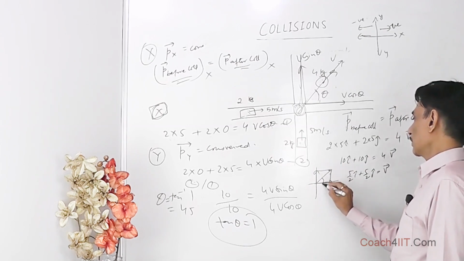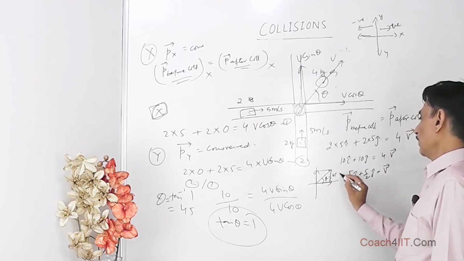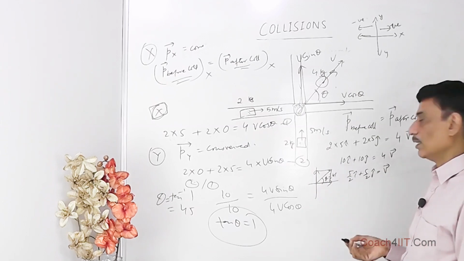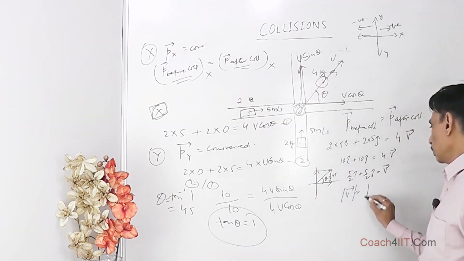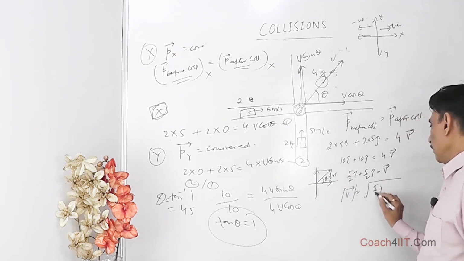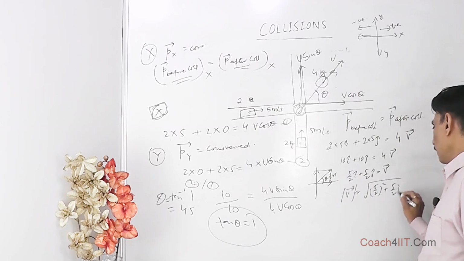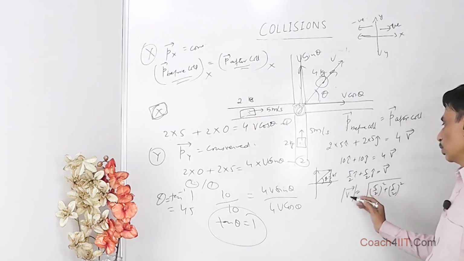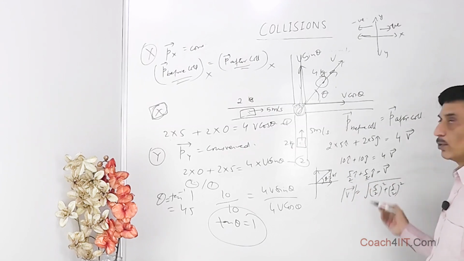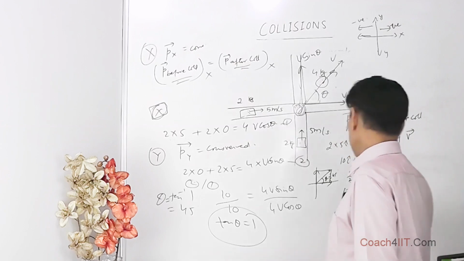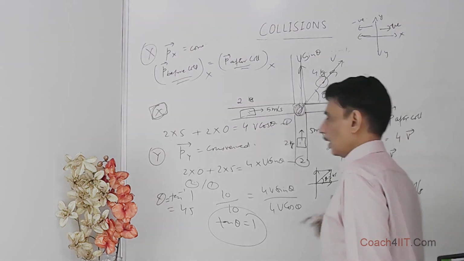So the angle theta is obviously going to be 45 degree, as we can easily see with an elementary understanding of vectors. The magnitude of velocity comes out to be the square root of (5 by 2) square plus (5 by 2) square, in meter per second, and we can get the answer.